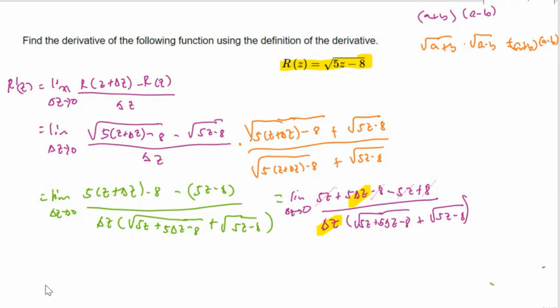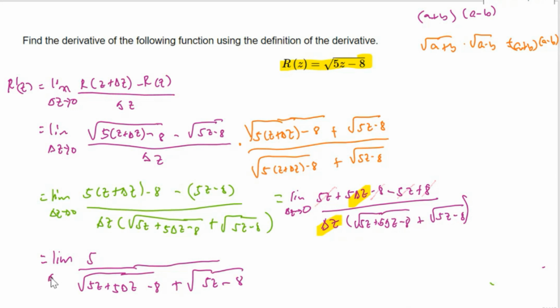So the remaining terms will be equal to the limit of 5 over the square root of 5z plus 5 delta z minus 8 plus, let's extend our bar, plus the square root of 5z minus 8 as delta z approaches 0.